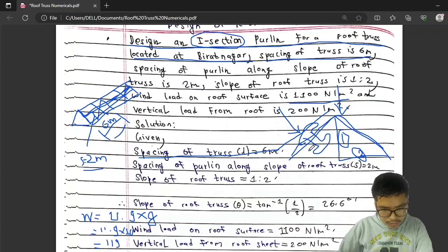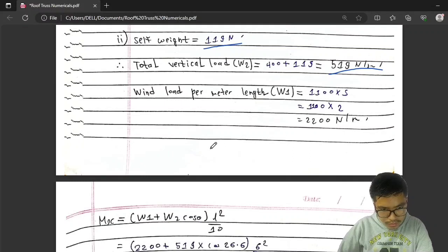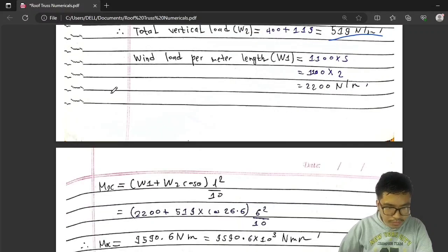This is from horizontal, theta. So from horizontal it is 26.6 degree and the I section is resting here.